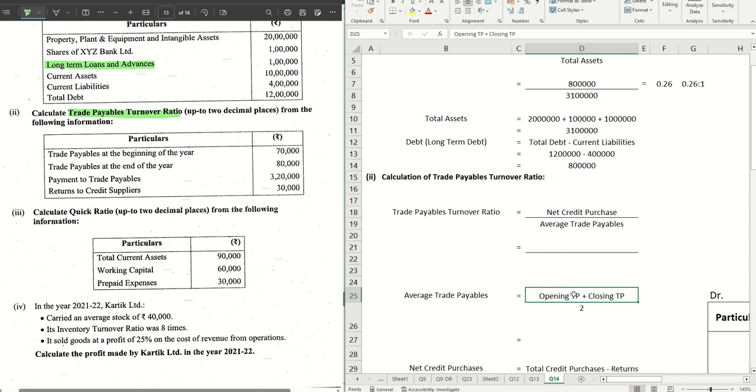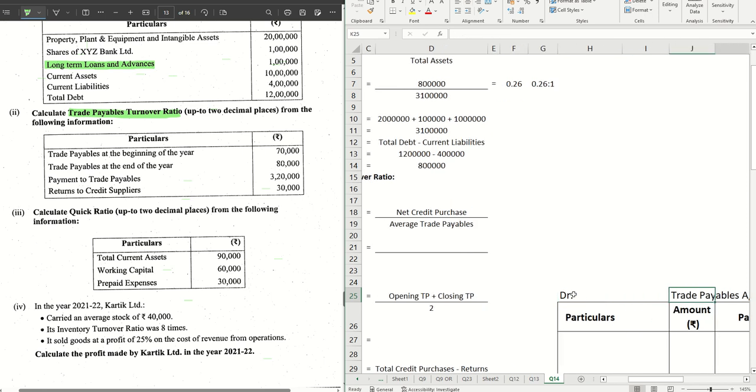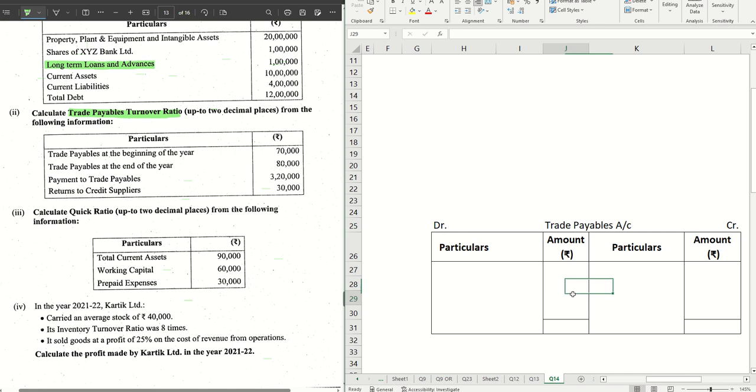For that, we are required to prepare the entire trade payables account like any other ledger account. Let's do that. We have the opening balance given to us, which comes on the credit side as these are liabilities, by balance b/d. So we write here 70,000. Then we also write down the closing balance, balance c/d, that's 80,000.